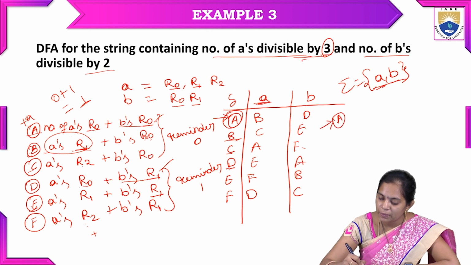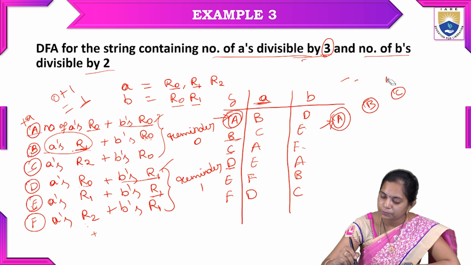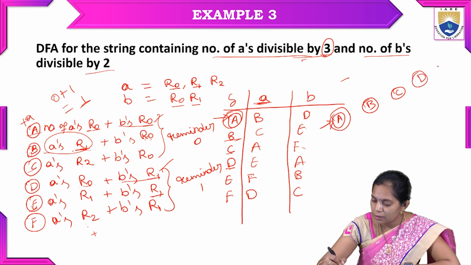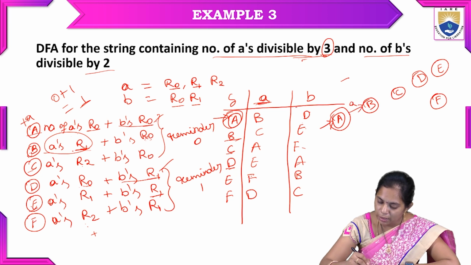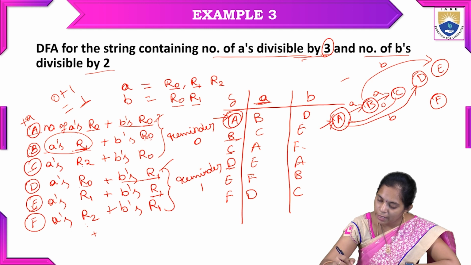A is the initial state and final state, and we have the states A, B, C, D, E, F. If you give A as an input symbol, it is reaching B, and for the B input symbol, it is reaching D. From the B state, if you give A as an input symbol, it is reaching C, and if you give B as an input symbol, it is reaching E. From C, if you give A as an input symbol, it is reaching A, and for the B input, it is reaching F.